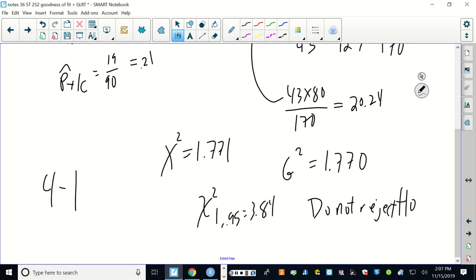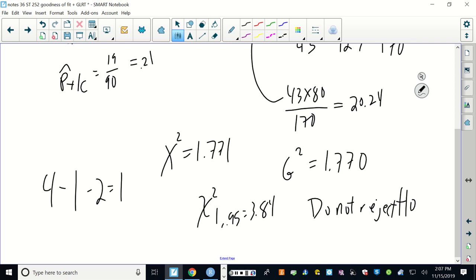And how many parameters do we have to estimate? Row proportion, column proportion, and then 1 minus is the other one. So we had to estimate 2. Under the null hypothesis, you estimate the row proportion and the column proportion for success. And under the alternative, you have to estimate 3 proportions. So there's a difference of 1 there.